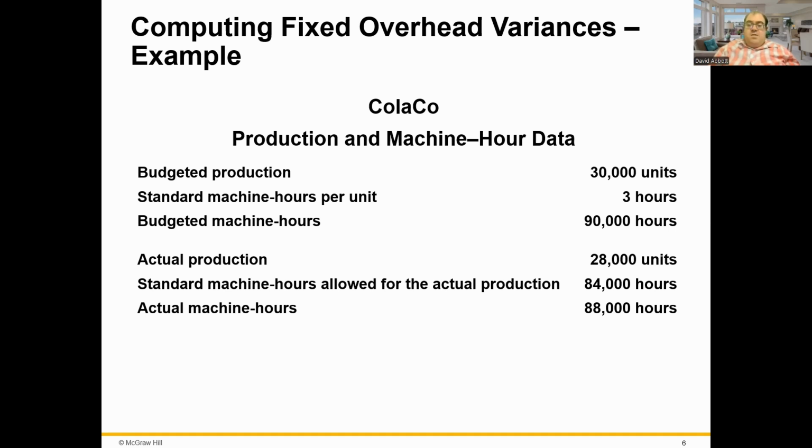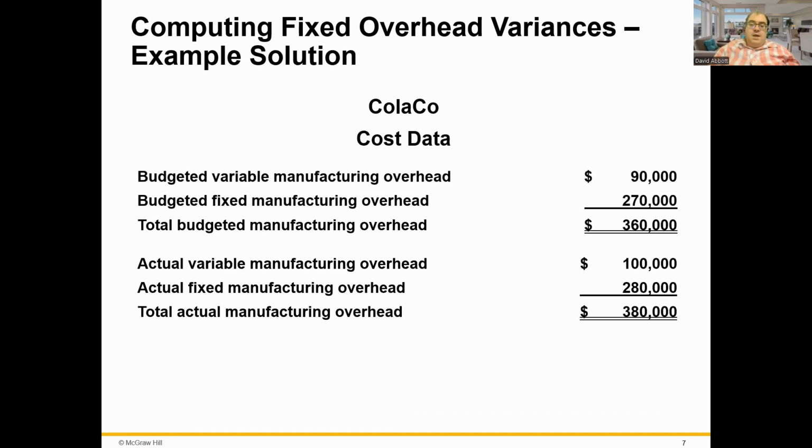They had standard machine hours allowed for the actual production of 84,000, and they actually used 88,000 hours. And then we see here the budgeted variable manufacturing overhead and the budgeted fixed overhead would come out to total budgeted manufacturing overhead of 360,000, and then we see the actual variable and the actual fixed, and the actual manufacturing overhead came out to 380,000.